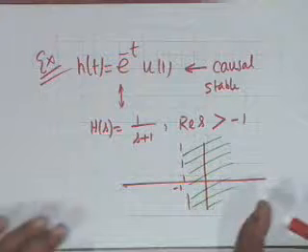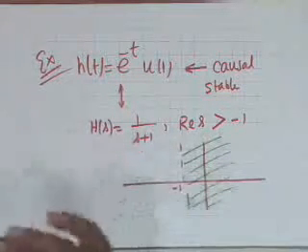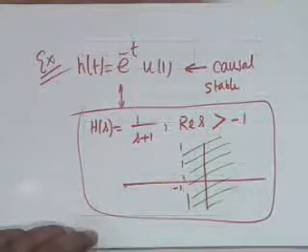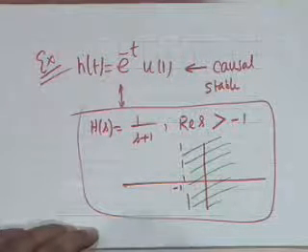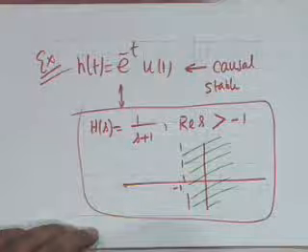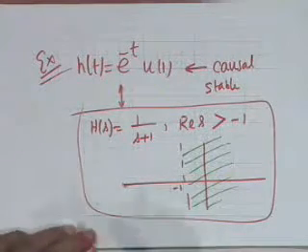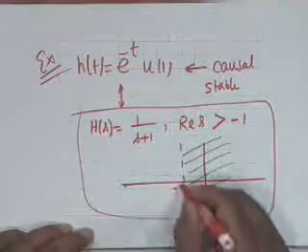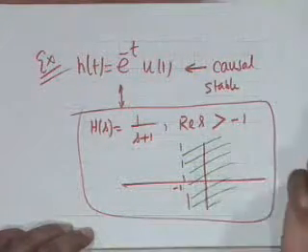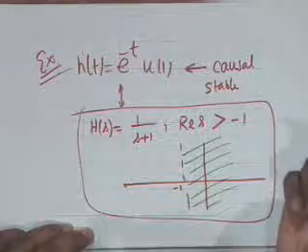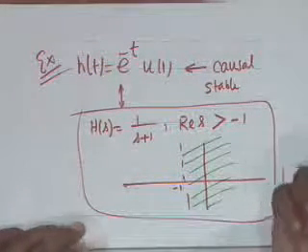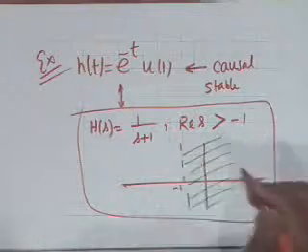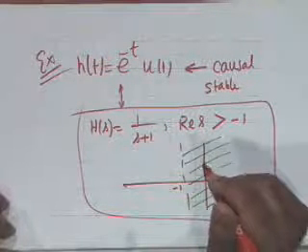Without inverting, given this only, can you say whether it is causal or non-causal? That's because there is only one pole. If this is at minus alpha, then 1 by s plus alpha will lead to e to the minus alpha t u(t), and therefore you know that it is causal. But in general, it may not be possible.